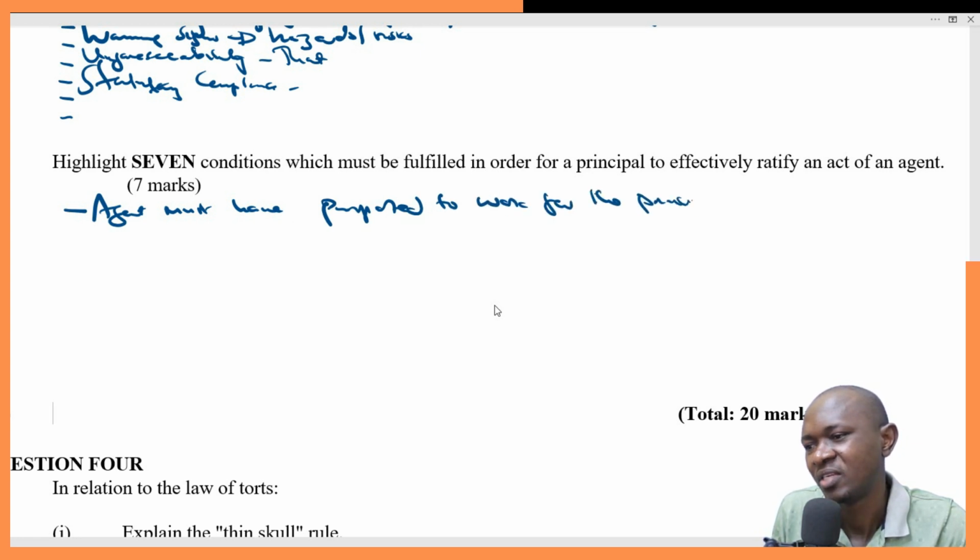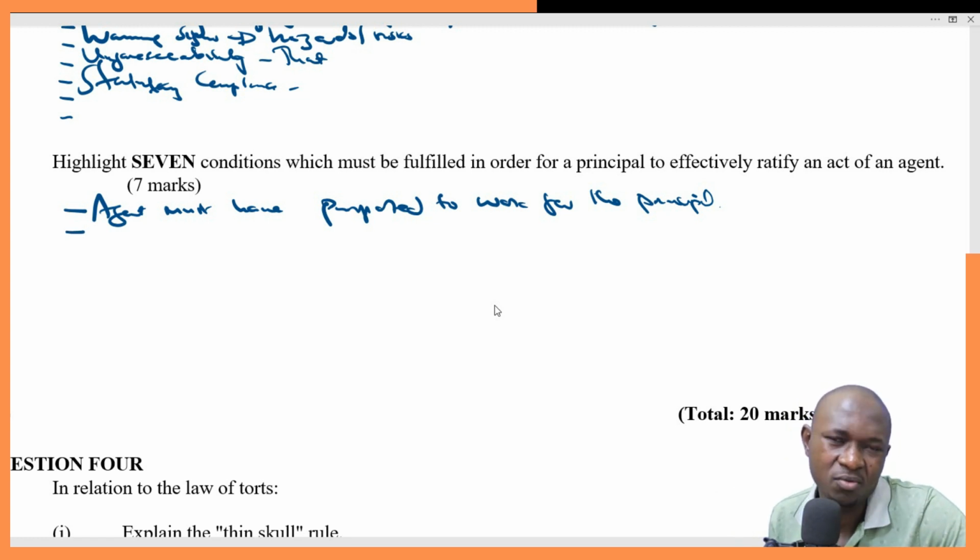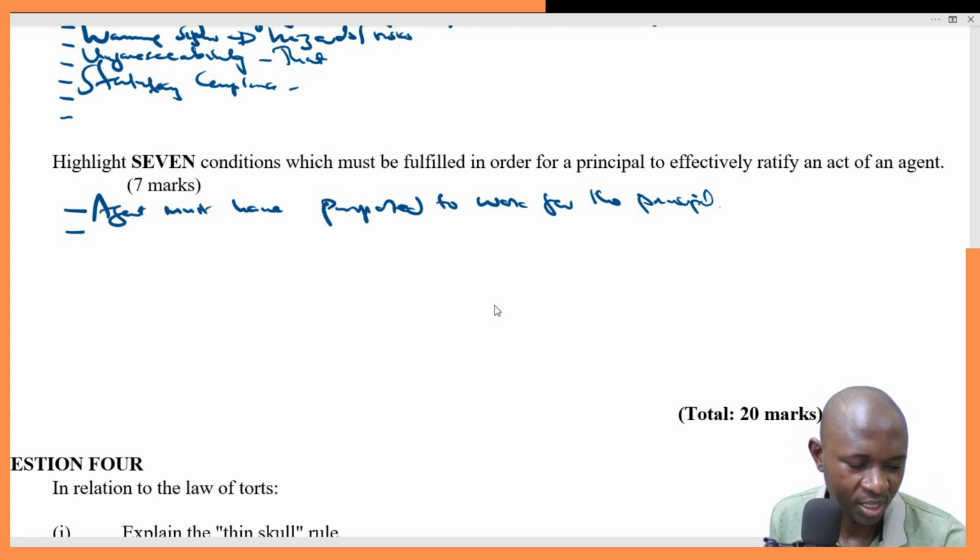So the agent must have said that I'm entering into this contract, or I'm working on behalf of the principal. That's the only time the principal can ratify. But if the principal is not mentioned in the first place, how can he ratify something that was not even mentioned? So the agent must have purported to be working for the principal.